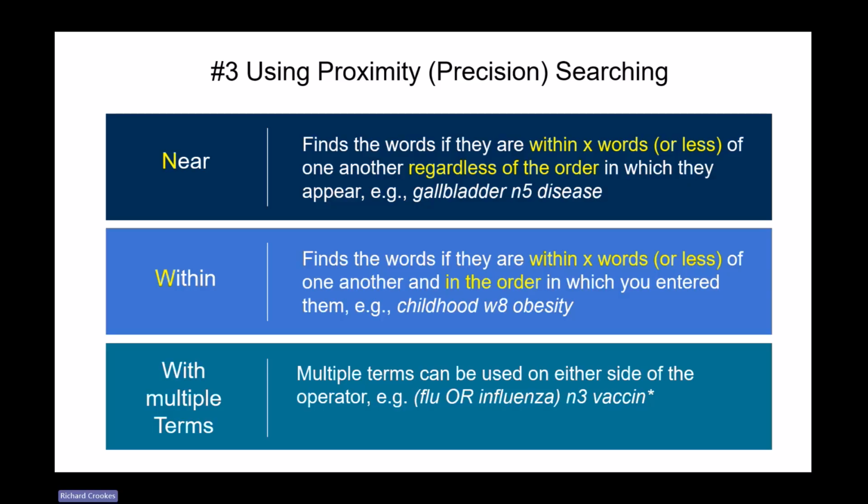So I've added the asterisk after the N, and it'll find all those variations. So it could be flu vaccine or flu vaccination or flu vaccinations, or it could be influenza vaccine, vaccines for influenza, etc. Okay, so they're just ways you can combine the search using the precision operators to ensure you find all variations of the terms used, etc.